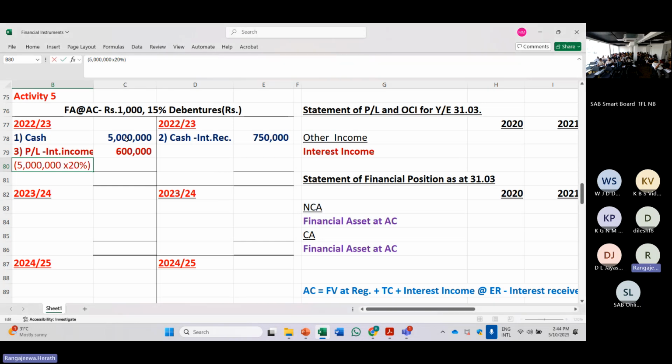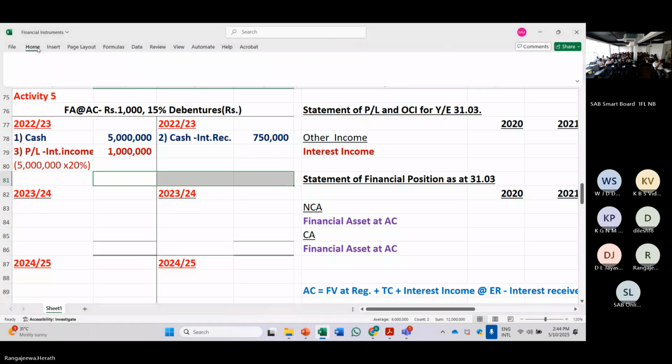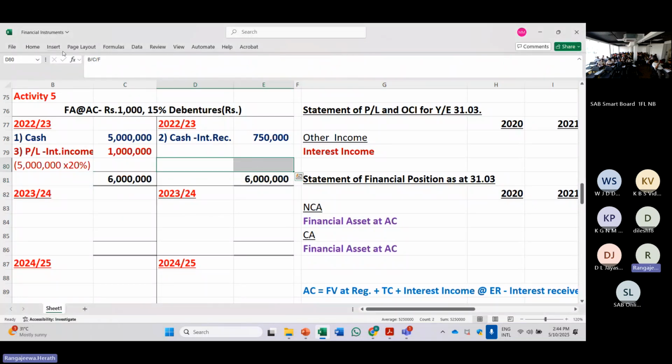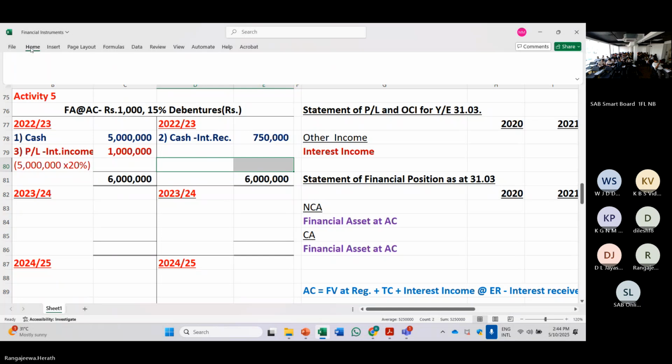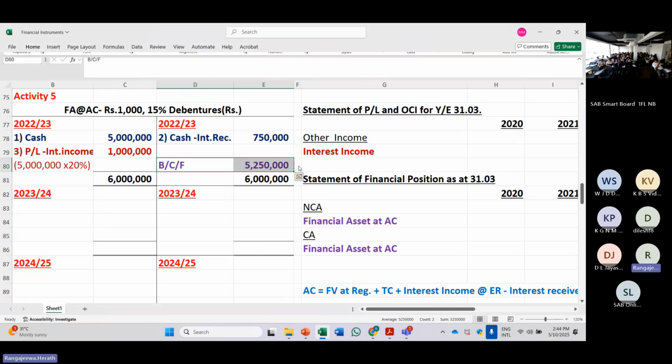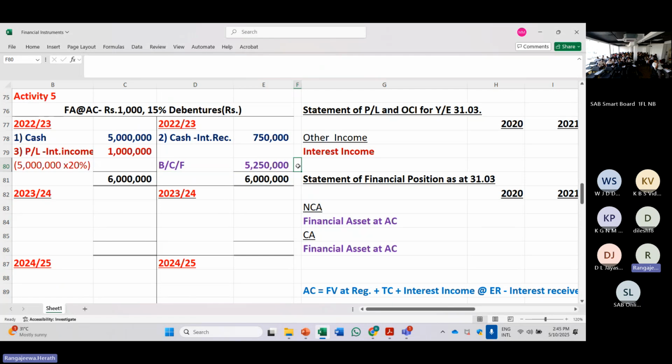That is 1 million. Now, at the end of the year, the balance carried forward is 5,250,000. This balance changes, so it is not the 5 million given originally.